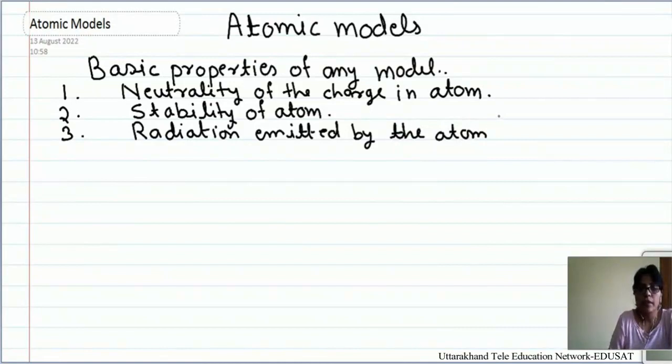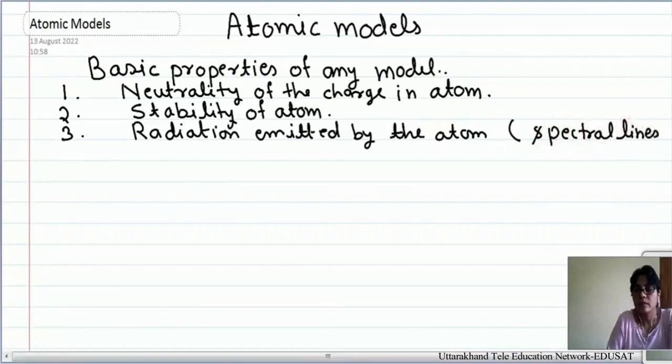So there are many lines in the spectrum of the hydrogen or hydrogen-like atom or any other atom also. So the model which we consider must be able to explain the radiation emitted by the atom. It means that it must be able to explain the spectral lines. So these are the basic things for which we look into any model.